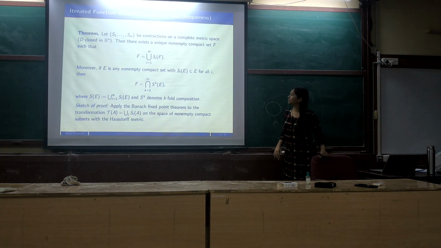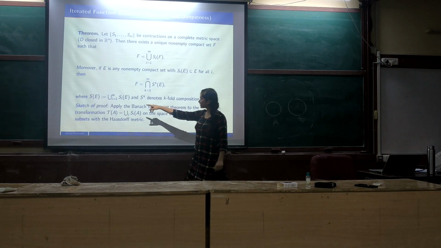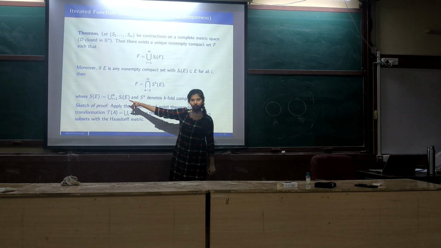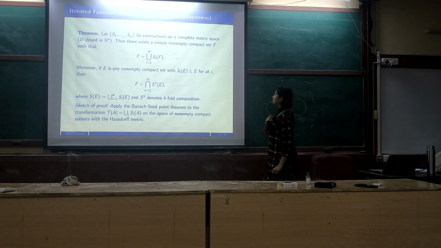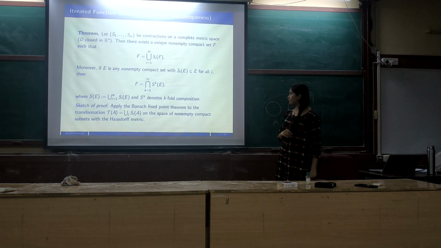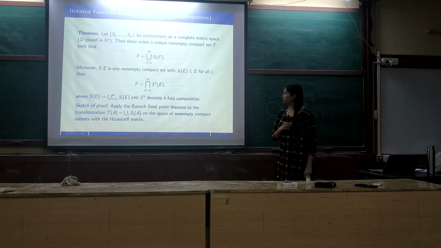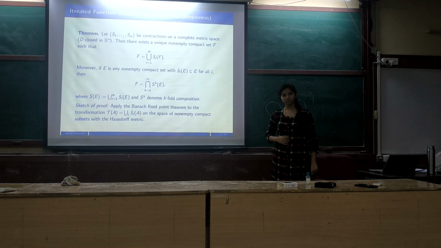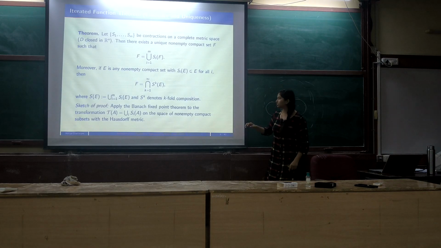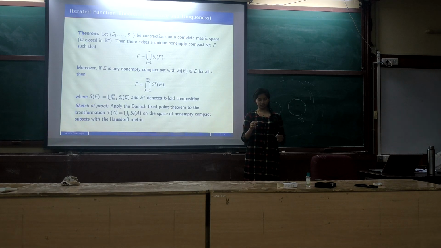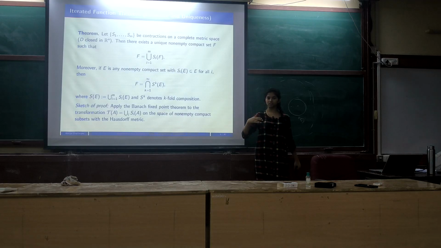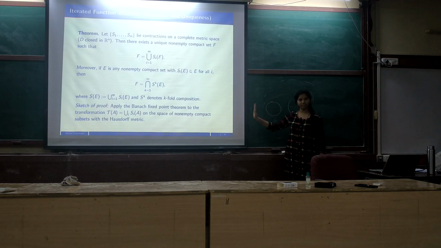S^k of E is defined as follows: S of E is defined to be the union of Si of E. So the first iteration is just the union of the images, the second iteration is the union of the two-fold compositions, then you keep on taking the k-fold compositions, and then you take the intersection.